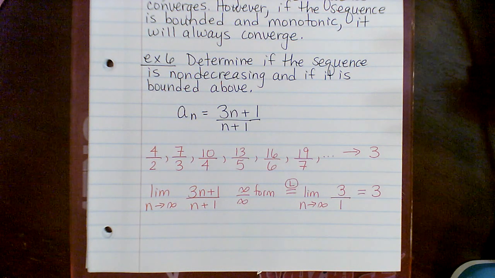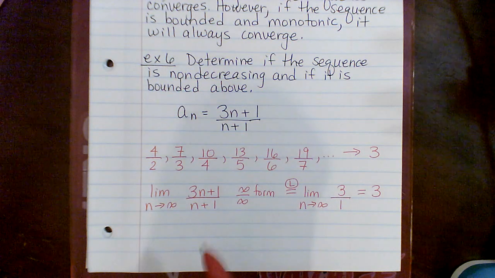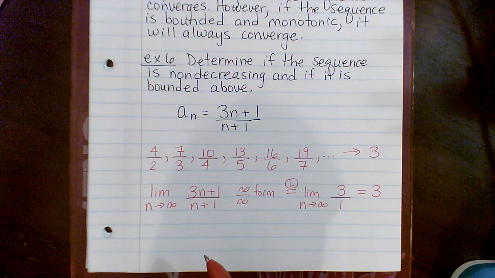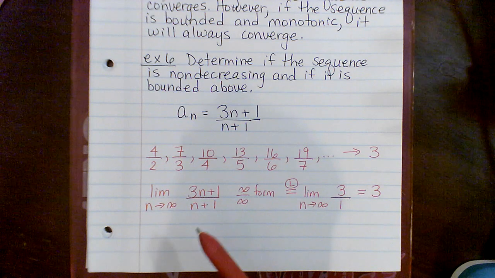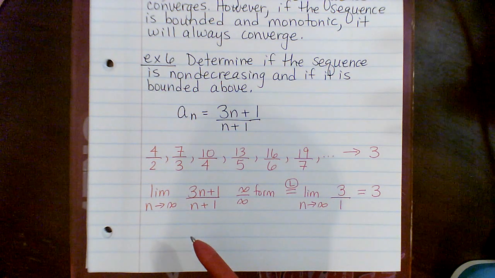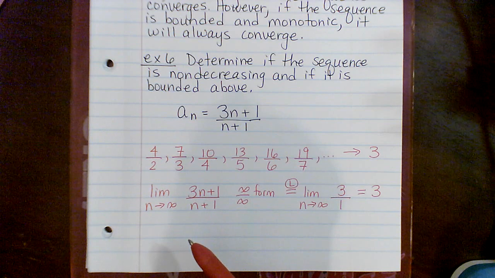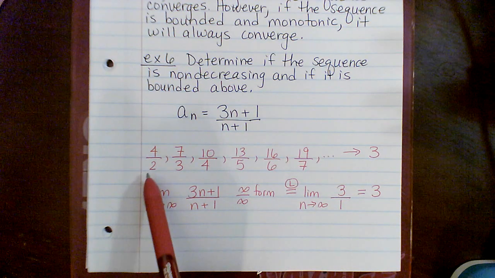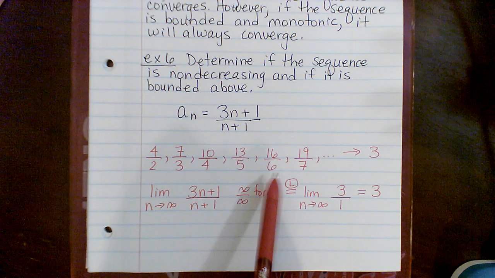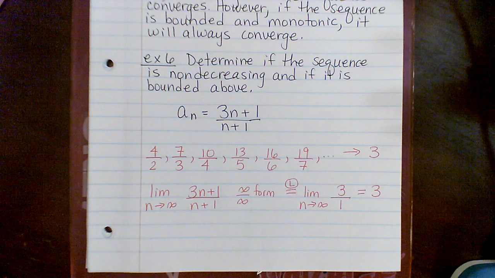Let's talk about the non-decreasing, okay? Because if it's non-decreasing, then it's going to have this upper bound of 3, and it would have a lower bound here of 2. It kind of looks like it is an increasing sequence, so non-decreasing.